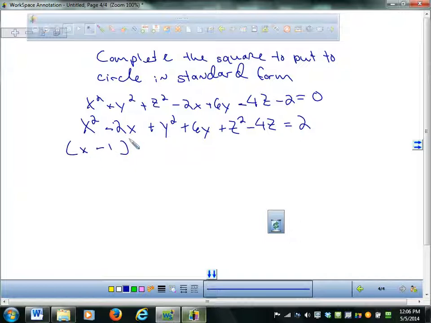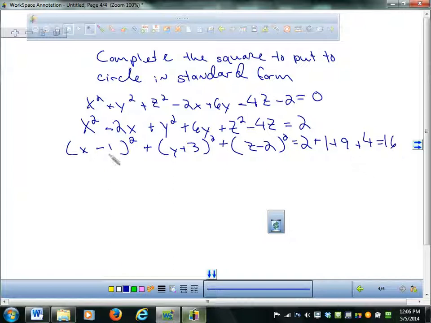X minus half of that squared plus y plus half of that squared plus z minus half of that squared equals 2 plus what? 4 plus 9 plus 1. 2 plus 4 plus 9 plus 1, or 2 plus 1 plus 9 plus 4, right? Any questions on that? Which equals 16, right?